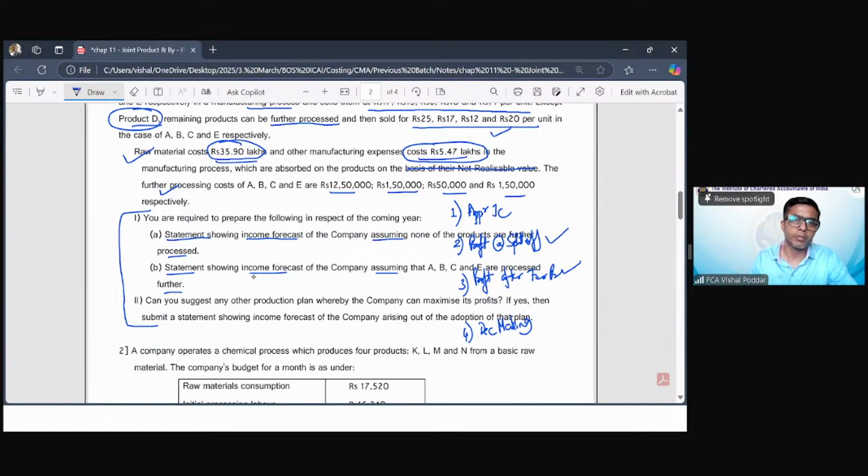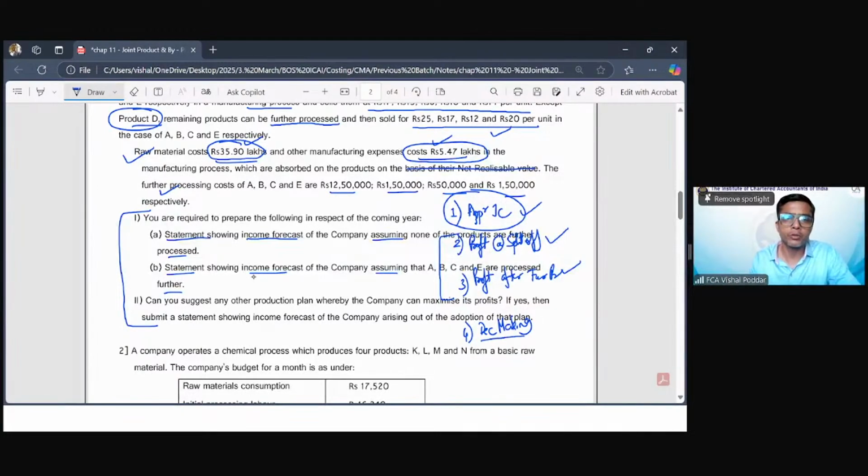Now, please understand, for finding out profits, you have to first apportion the joint costs. Even though they have not expressly asked you to apportion the joint costs, you have to, because these costs are total for all the products combined. If I want to find out profit product wise, I have to first apportion this cost to the products. So this is going to be obvious.